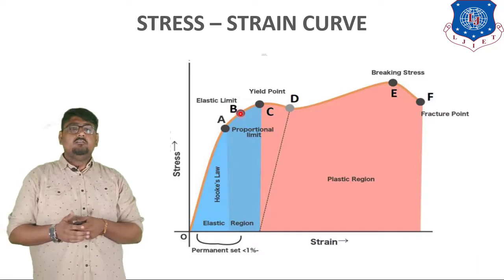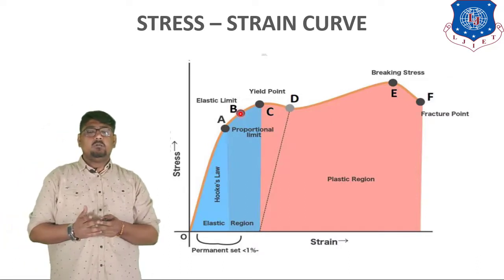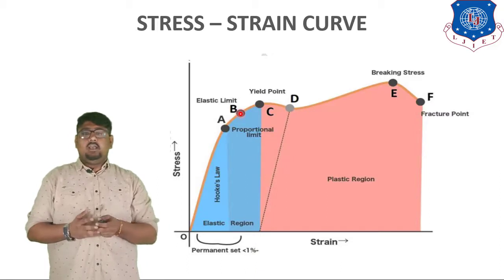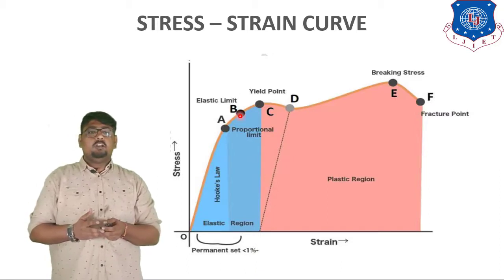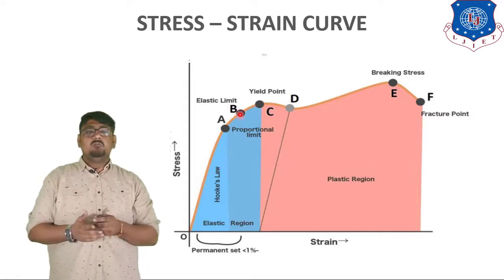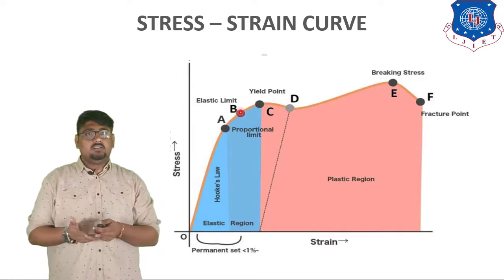The value of the stress corresponding to point B, up to which the material behaves as an elastic material, is known as the elastic limit. Up to point B, the material will be in the elastic range. Beyond B, it will come in the plastic range.